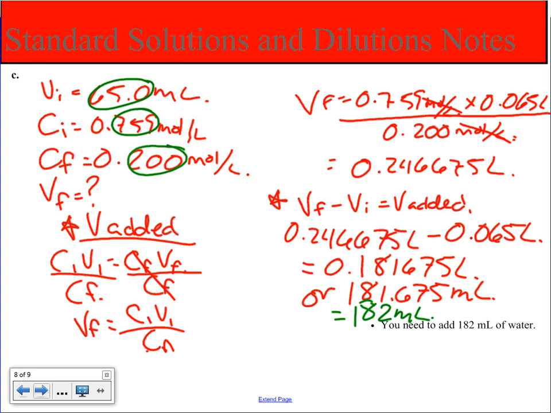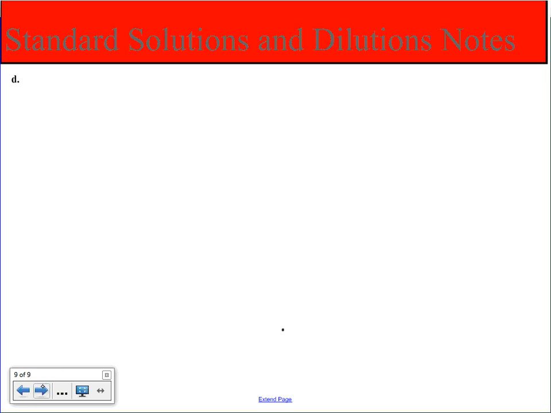Finally, we've got D here, and D says how much water needs to evaporate from the original solution to obtain a solution with a concentration of 0.890 moles per liter. So essentially, we still have the same initial volume, 65 milliliters, and the initial concentration is still 0.759 moles per liter.